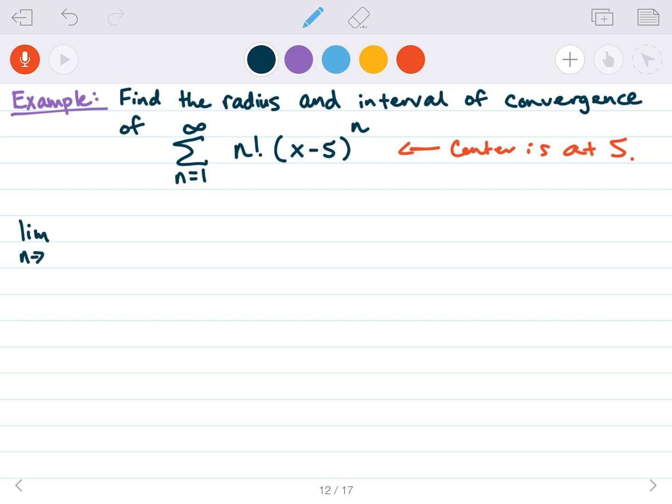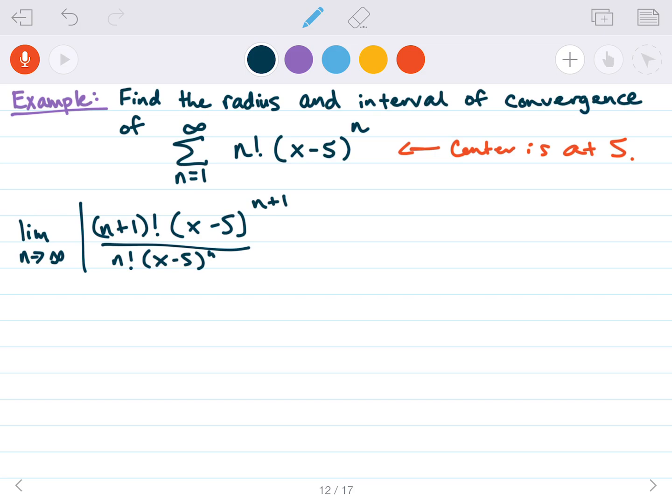We're taking the limit as n goes to infinity of n plus 1 factorial times x minus 5 to the n plus 1. I'm just plugging in n plus 1 anywhere I see an n in my formula. And then I'm going to divide that by my regular formula, n factorial times x minus 5 to the n, and I'm taking the absolute value. Okay, so let's clean it up here.